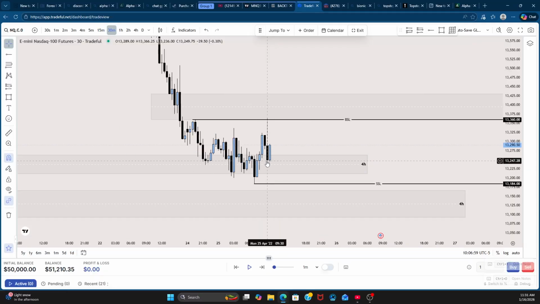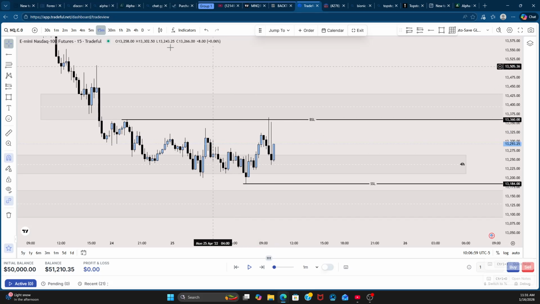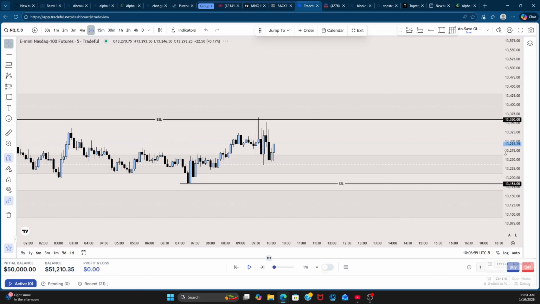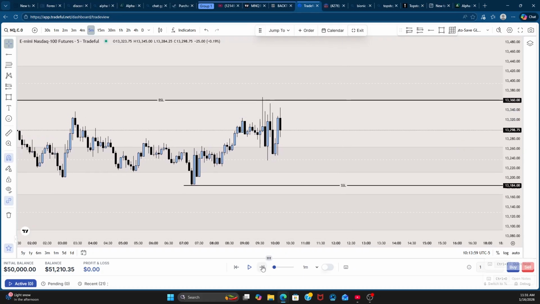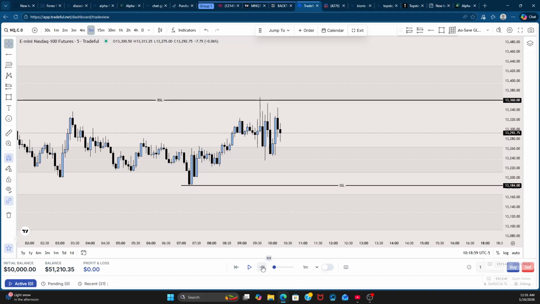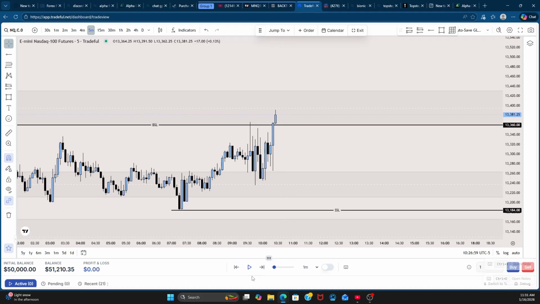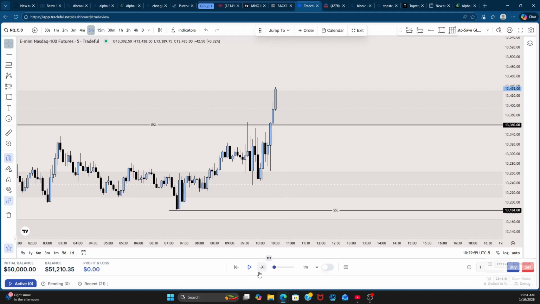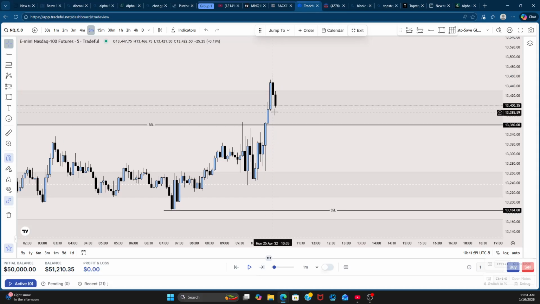30-minute gave an inversion after we swept up here. Don't think we want to return back up to here. This is just kind of, I think, a choppy day. Oh, interesting. $10.40.